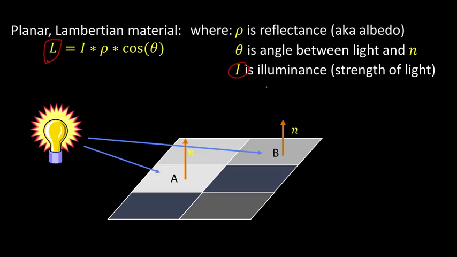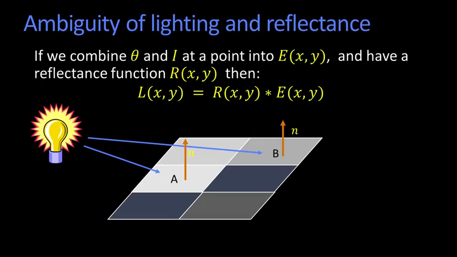I is just the power of the illuminant, the strength of the light. Rho is the albedo. And then there's this theta angle, and the cosine of theta determines the brightness of it, and it's just the angle between the illuminant and the normal, sometimes called the incident angle. The problem is we have this ambiguity, all right?